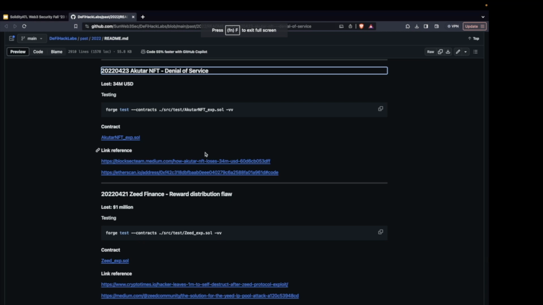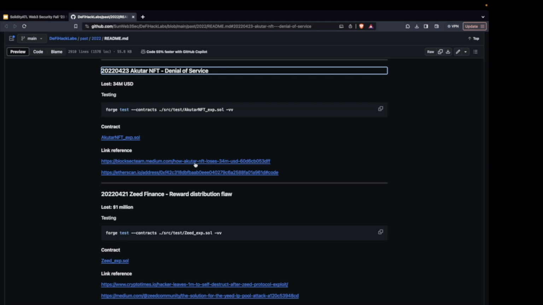Now I want to go through a real world example of a denial of service attack vector found in the wild. So we're again looking at the DeFi Hack Labs, which has a proof of concept.